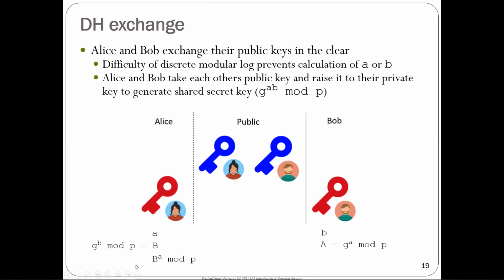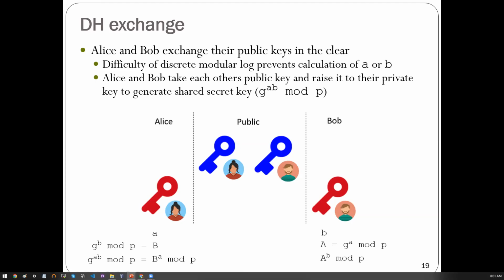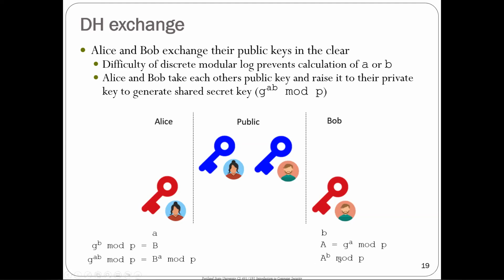She takes Bob's public key, raises it to her private key, and this turns out to be the same as G to the AB mod P. Bob is going to do a similar operation. Bob is going to take Alice's public key, raise it to his private key, and then take it mod P, and this is the same as G to the AB mod P. So this is now their shared key.